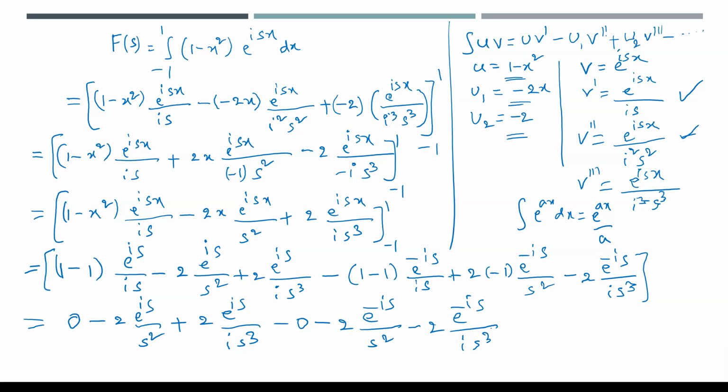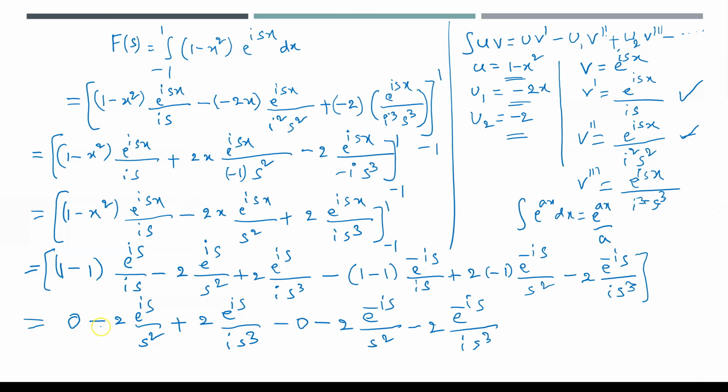Now we can write these s square and s cube terms together. If we write those s square and s cube terms together, here we get minus 2 by s square, here also minus 2 by s square, right? Here 2 by i s cube, here 2 by i s cube. So if we club those, we get minus 2 by s square into e power is plus e power minus is, plus 2 by i s cube into e power is minus e power minus is.